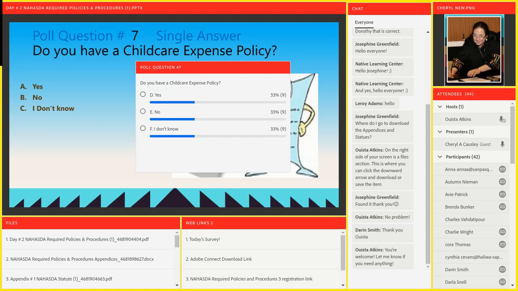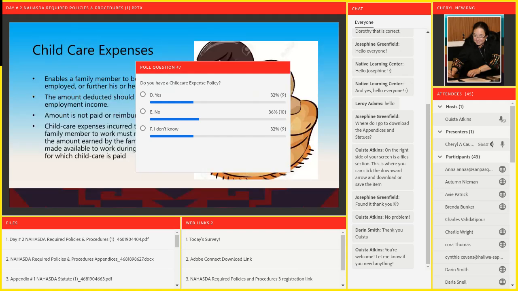Okay, we're tied across the board, 9, 9, and 9. Anybody else getting an answer? If not, we'll go on. That's interesting. So that is a deduction that is a standard exemption across the board. So you guys should have that in place.